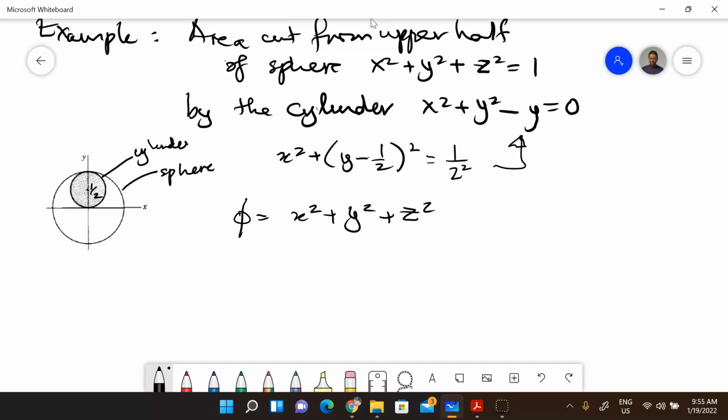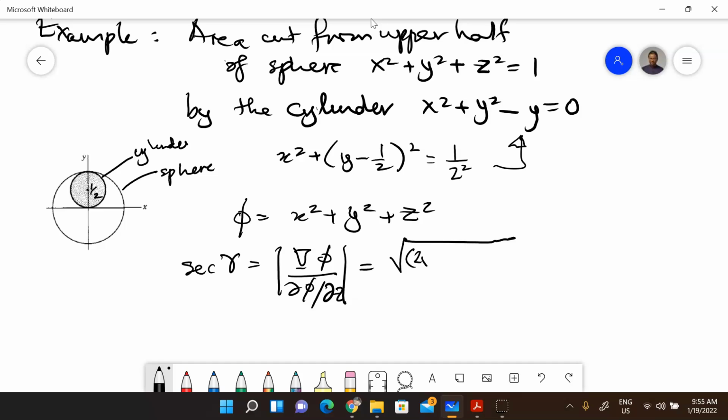If you take the secant gamma, it will be del phi over d phi dz, and that gives us the square root of 2x squared plus 2y squared plus 2z squared, over 2z.